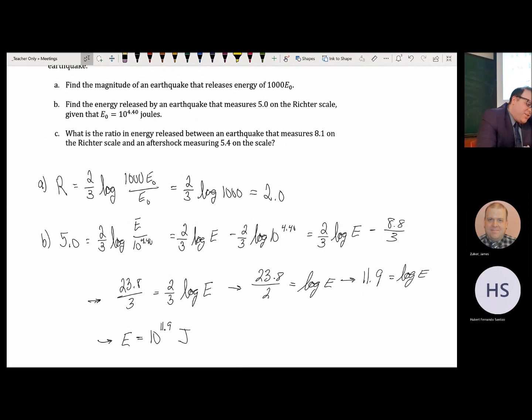Finally, find the ratio of the energy released by an earthquake that measures 8.1 on the Richter scale, and an aftershock measuring 5.4 on the Richter scale.